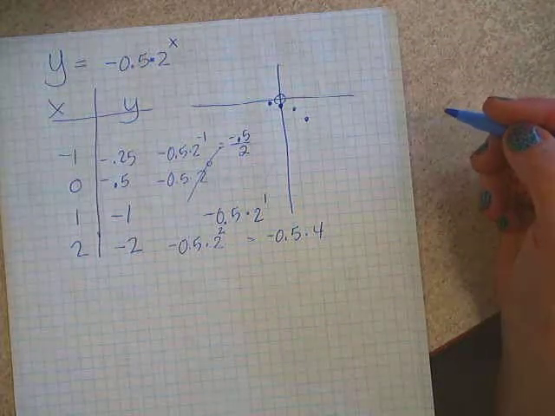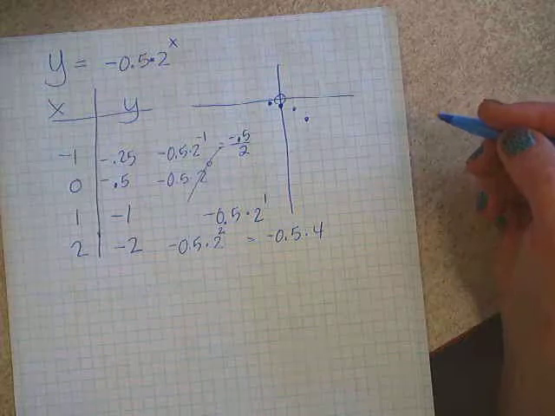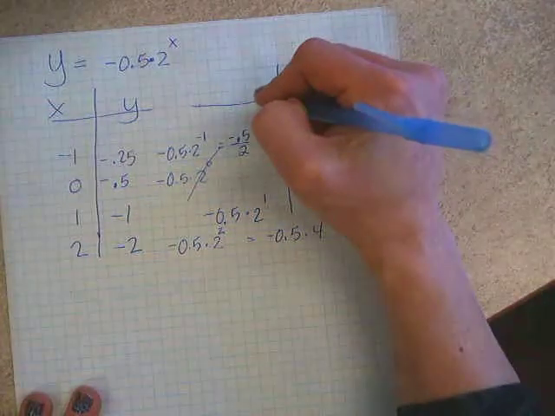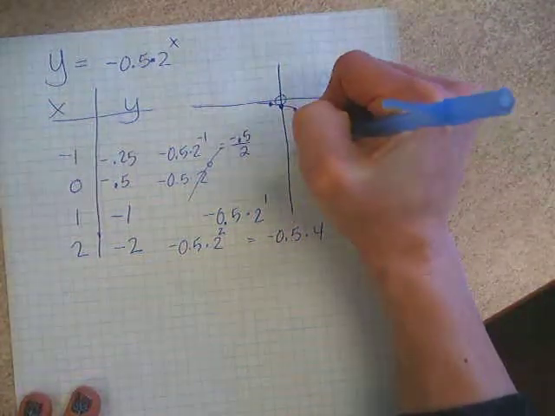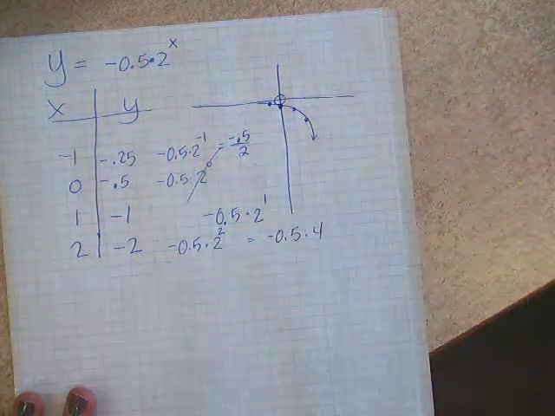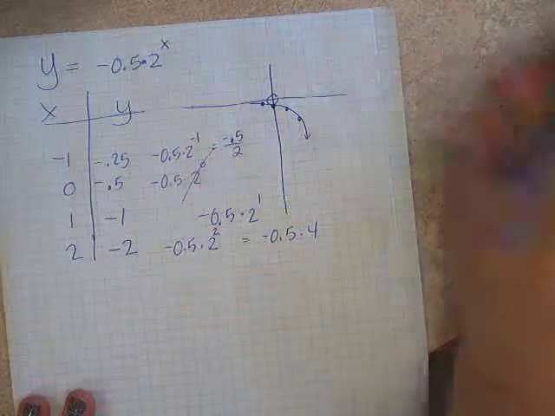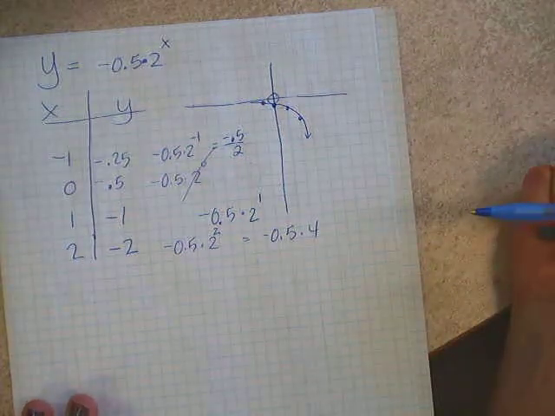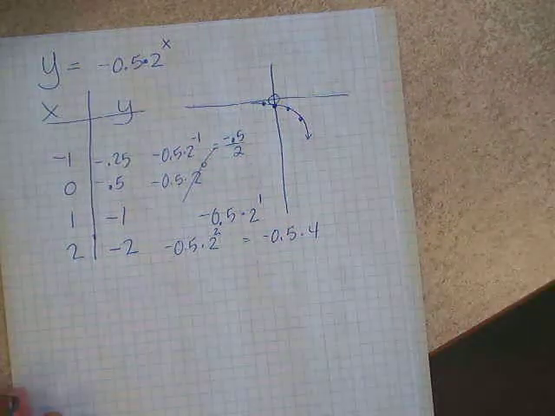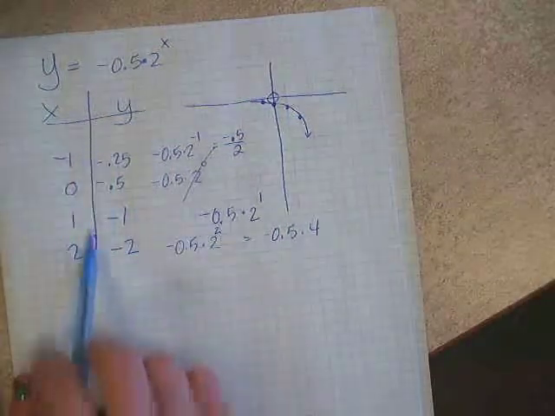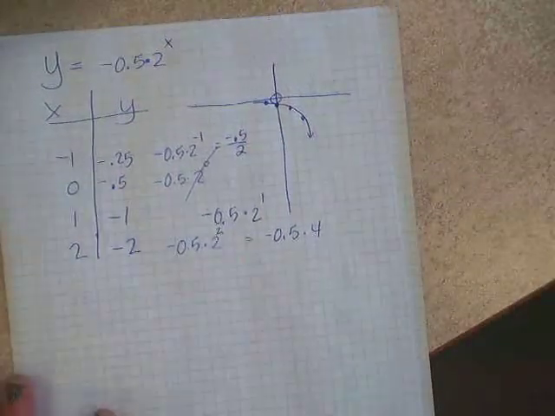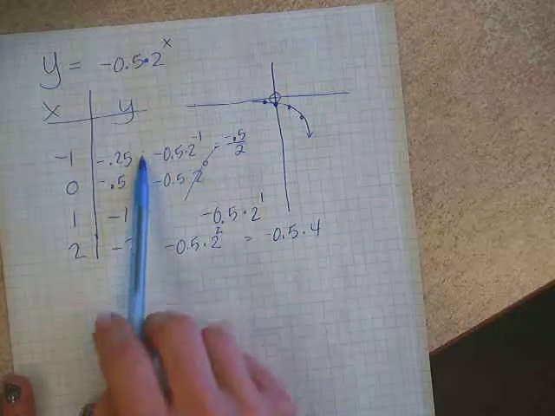All right, so if you go negative 1, we're at negative 1/4. 0, negative 1/2. 1, negative 1. 2, negative 2. And see how you're starting to see that curve now? Just because if you do 3 that are very close together and they're looking linear, remember these are not linear.